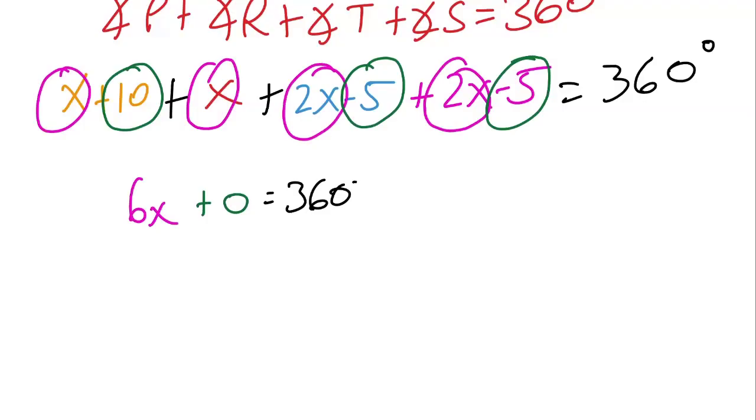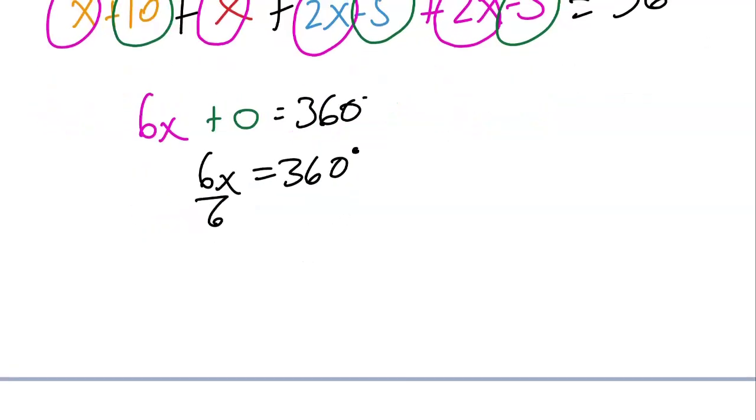So in this case, it's just 6x equals 360. 10 minus 5 minus 5 is indeed 0, so those end up canceling out. Divide by 6. X is equal to 60? Thank you.